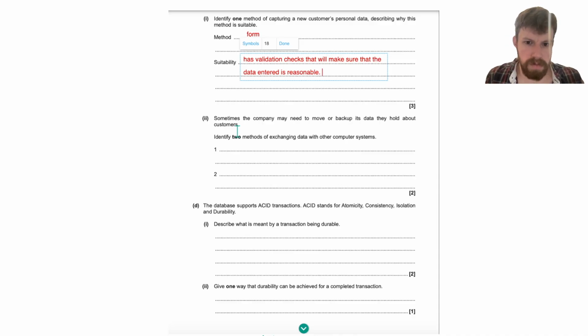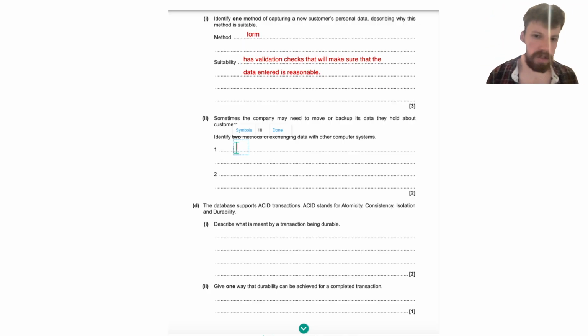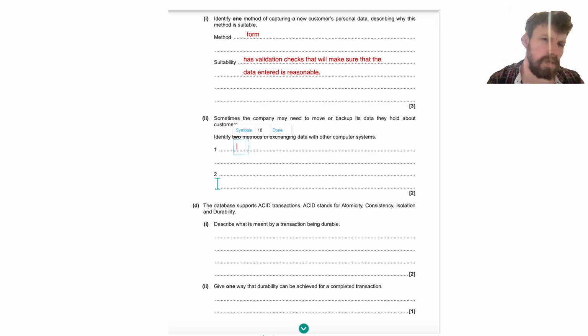Okay, so sometimes the company may need to move or back up the data they hold about customers. Identify 2 methods for exchanging data with computer systems. So this is a very strange question. When I was marking this, I don't think many people were able to get this right, and it's not very obvious what it's talking about here.